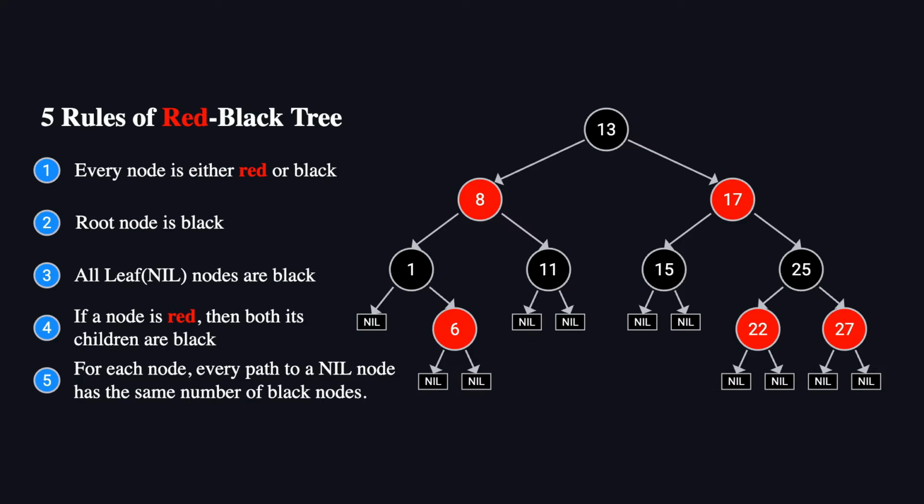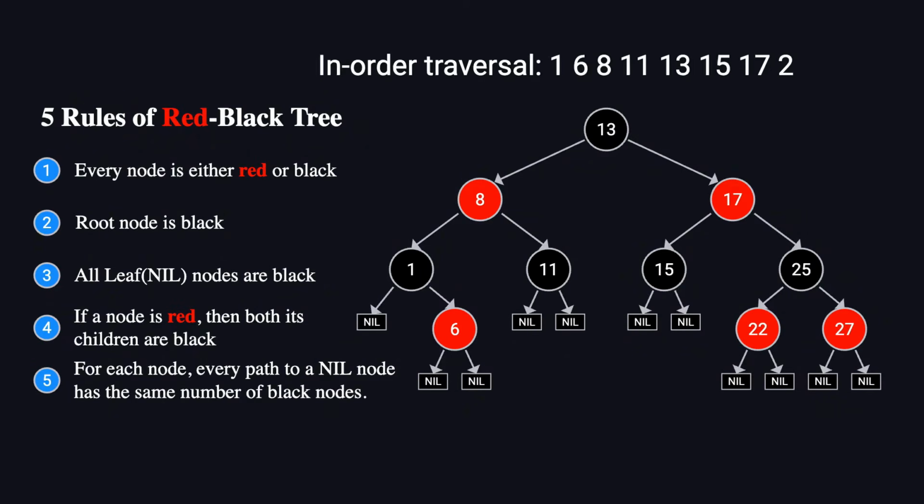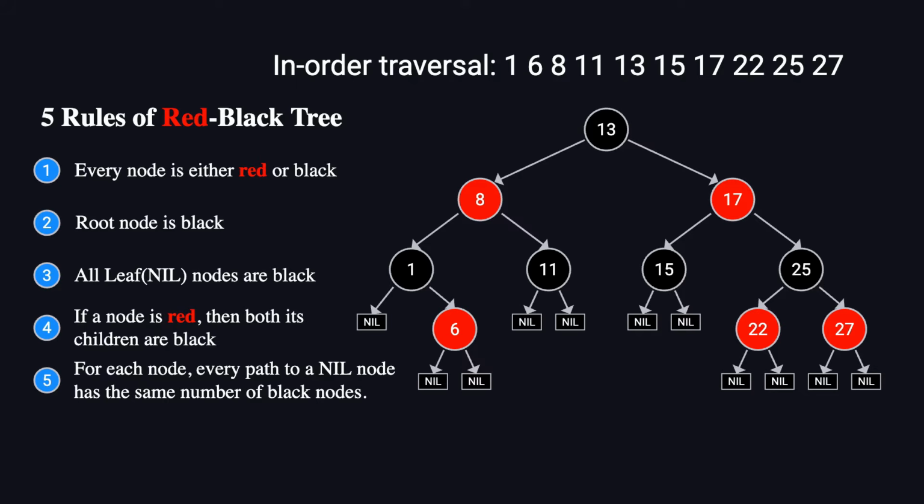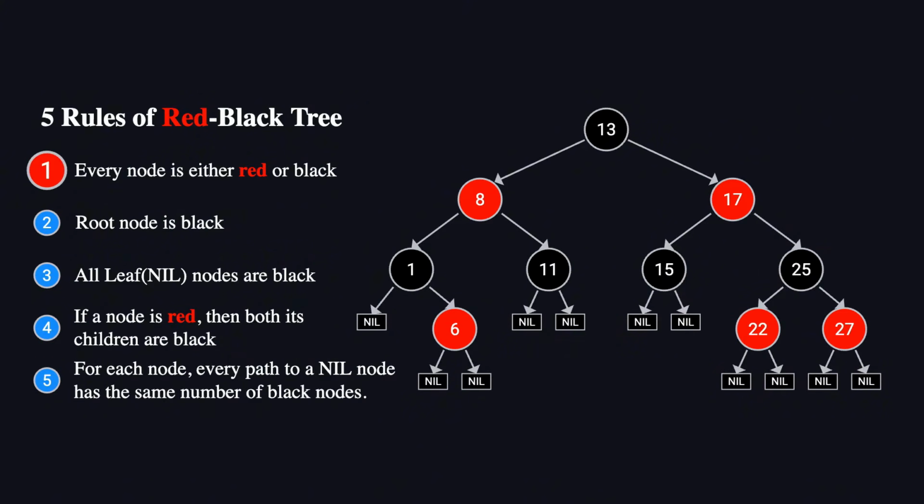Now, let's look at a specific red-black tree as an example. First, since it's a binary search tree, an in-order traversal of its nodes will produce a sorted sequence. But what makes it a red-black tree is that it follows all 5 rules. Let's verify them one by one. Every node is either red or black. Check. The root node is black.